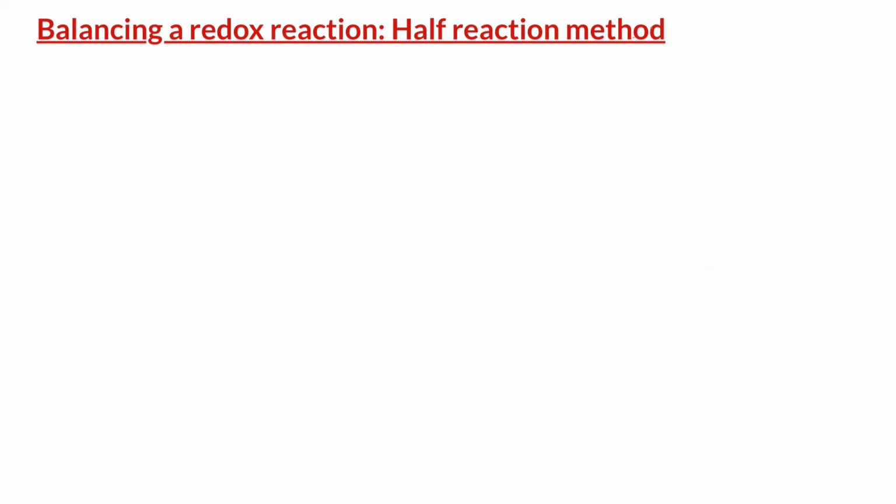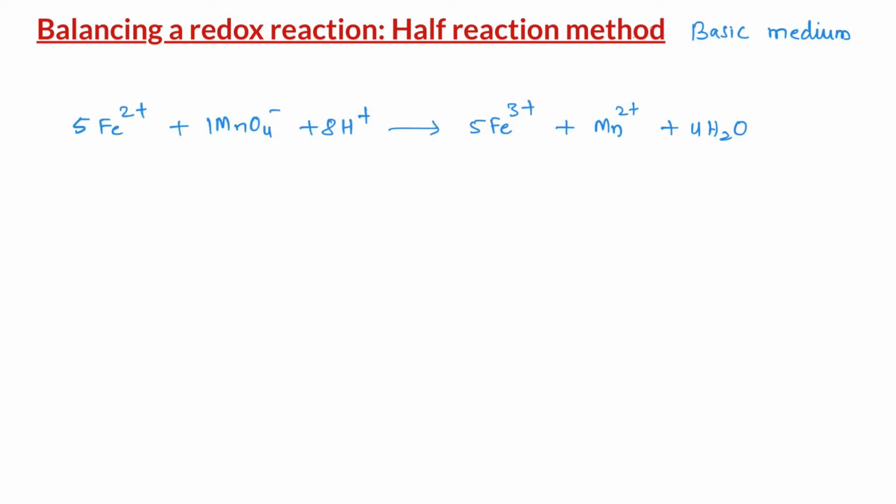Let us now discuss balancing the redox reaction in a basic medium. Let me first copy the balanced reaction in the acidic medium. As discussed earlier, there are 8 H+ ions consumed in the reaction. And in a basic solution, we do not have H+ ions.